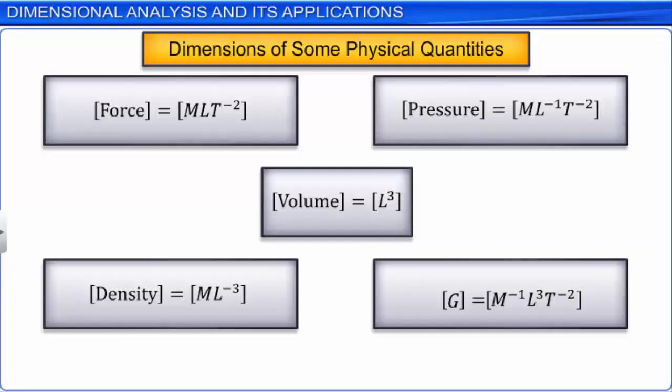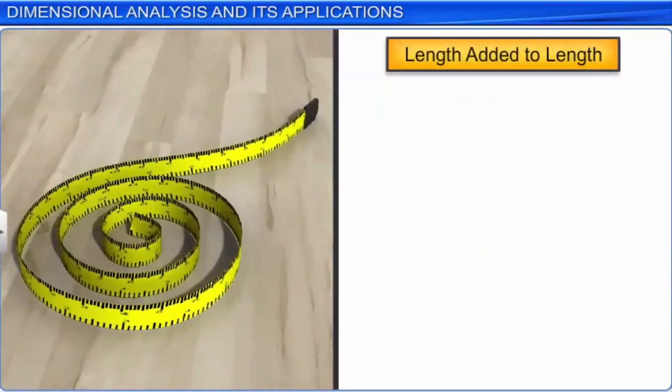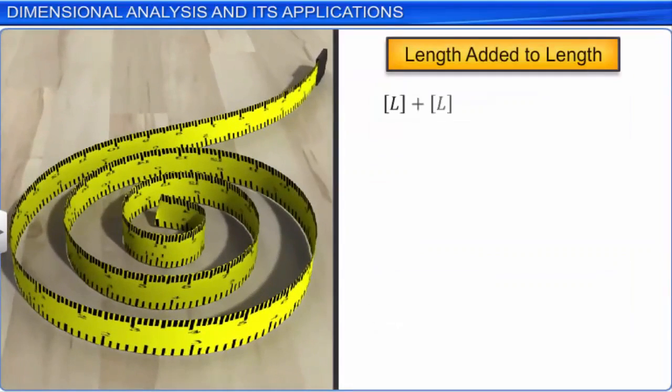We will now learn about the uses of these dimensional formulae and dimensional equations. We know that a dimensional equation is the equation among the dimensions of a quantity and not among the magnitudes. Thus, when we write L plus L, as shown, we mean length added to length.